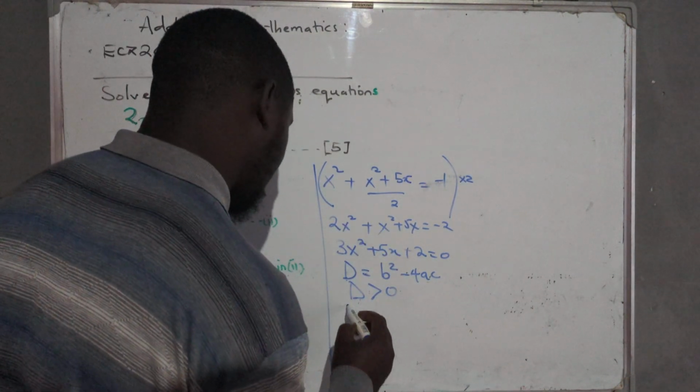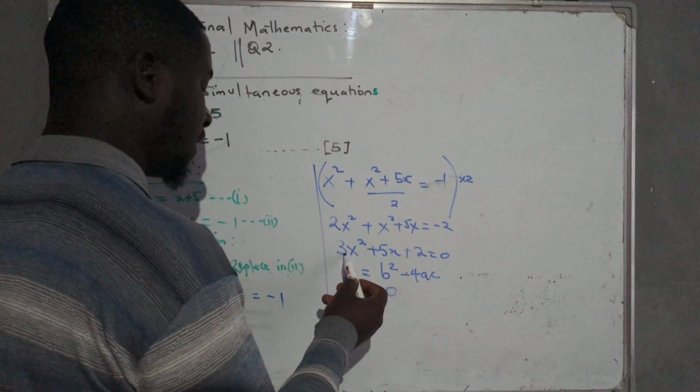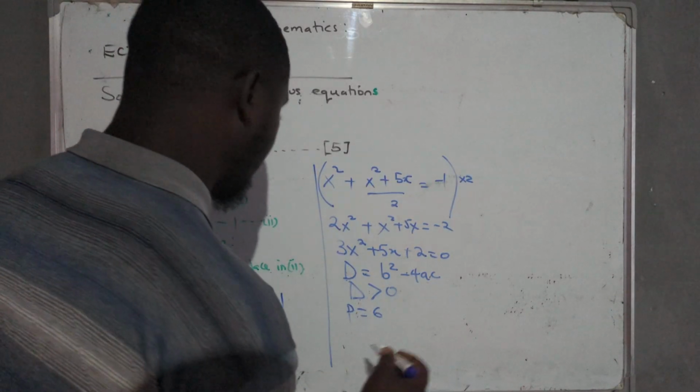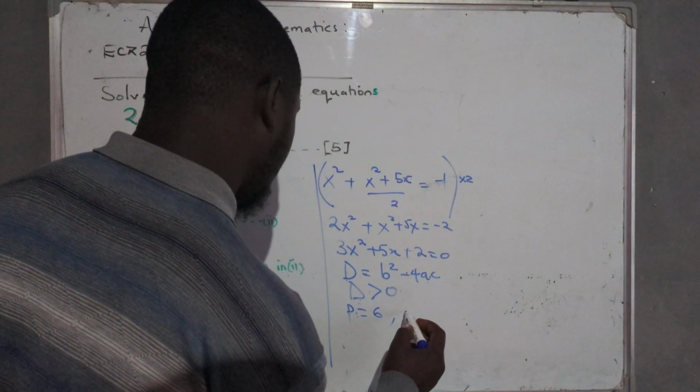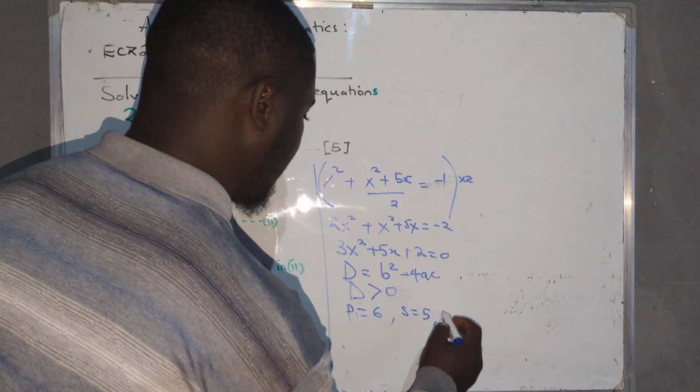Find the product, and that is going to be a 6 because you multiply the coefficient of x squared and the constant. And then you have the sum, which is a 5, and then the factors.